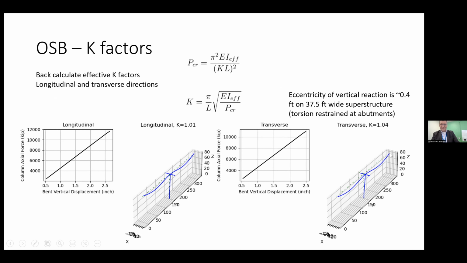We did a little calculation since that last meeting, and basically no, we're not getting any restraint, because if you look at the eccentricity of the vertical reaction at the abutments, it's about 0.4 feet on a 37.5 foot wide superstructure, right?